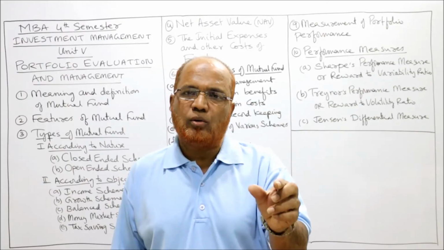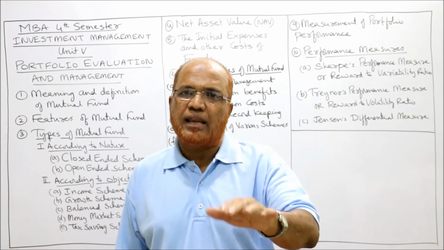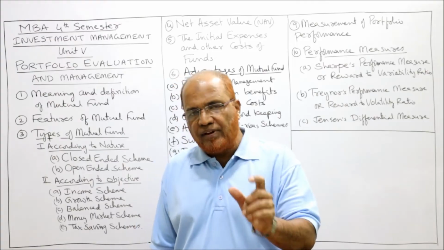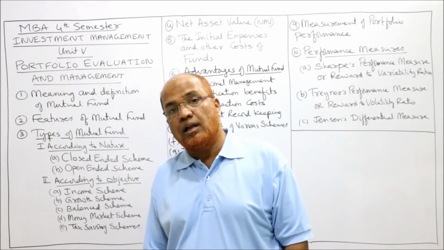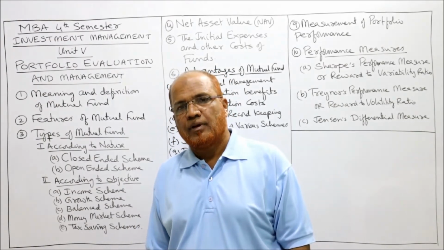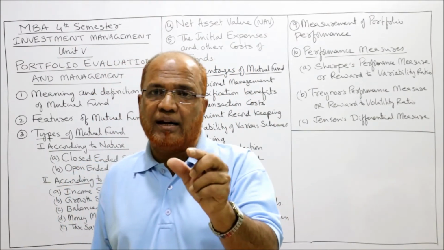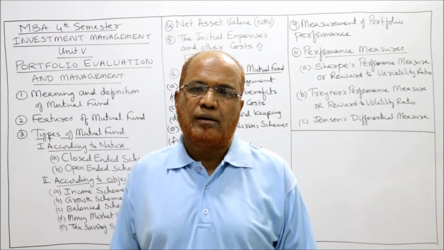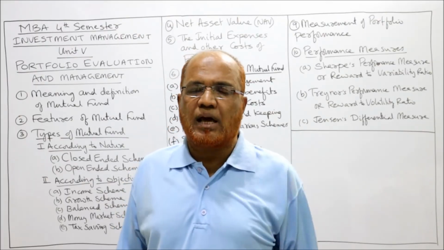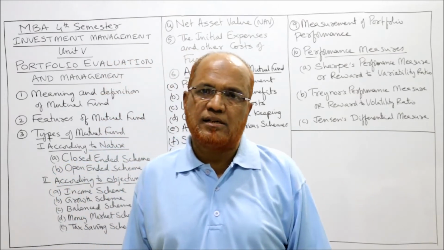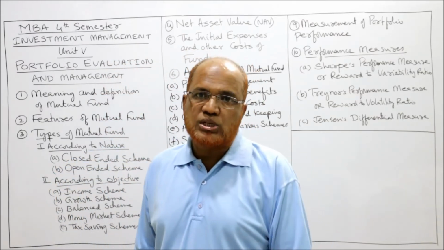So at net asset value, people can come and invest and disinvest. So the key feature of the open-ended scheme is liquidity. The biggest feature, the advantage of the open-ended scheme, is liquidity. That means at any time a person is able to get back his money and disinvest his investments. Now, closed-ended scheme.